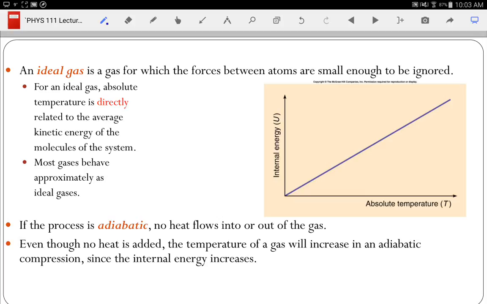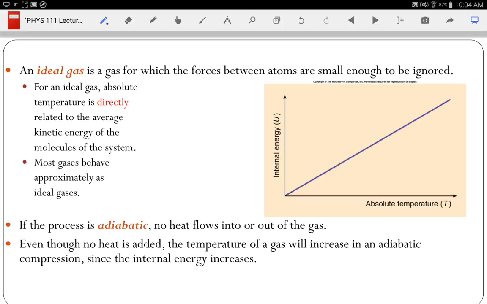Another thing about them not interacting: if you only had one molecule, it would never interact with another molecule. And so the lower the number of molecules per unit volume, the more ideal it behaves.